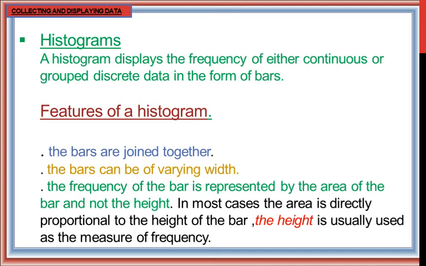But in most cases the area is directly proportional to the height of the bar, so the height is usually used as the measure of frequency. So the frequency is marked by the height.